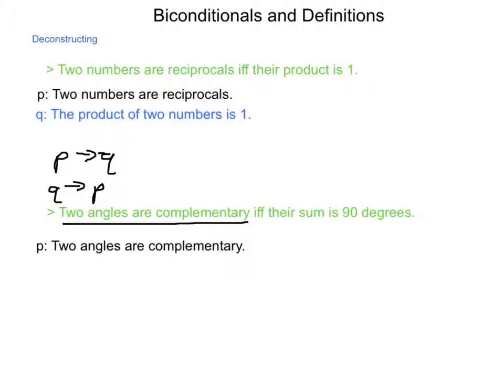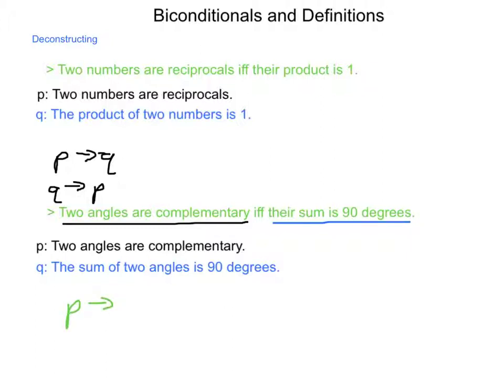Then we take the other part, their sum is 90 degrees, and word this a little bit as the sum of two angles is 90 degrees. So now, if two angles are complementary, then the sum of the angles is 90 degrees. And also, if the sum of two angles is 90 degrees, then the angles are complementary. It works both ways. And this is how definitions are developed.